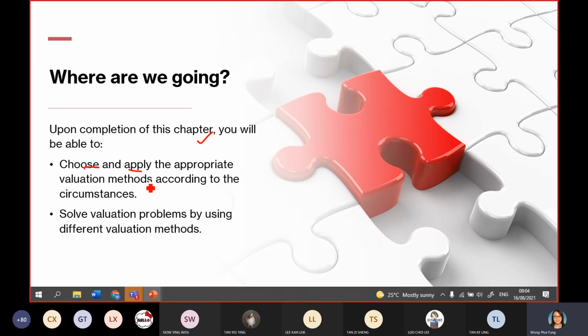Which means that later on, we are going to learn a few valuation methods. Based on the question given, based on the scenario, you should be able to know which method you shall use to solve the valuation problem.